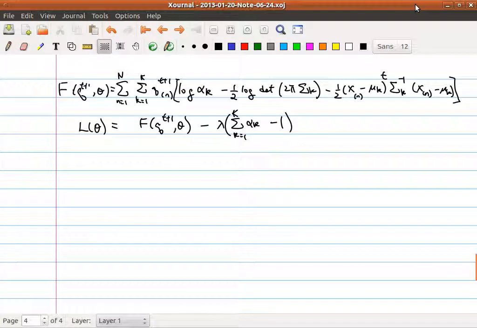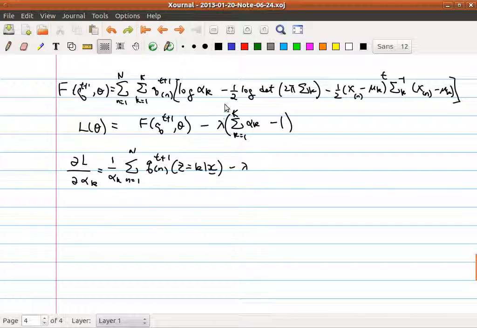Okay, let's look at the updates for alpha k now. So again, we should just try to take the partial derivative of L with respect to alpha k, and this will give us this term here. So unlike the last two cases, the last term will depend on alpha k also. So therefore, taking the derivative of this last term will just give us minus lambda.